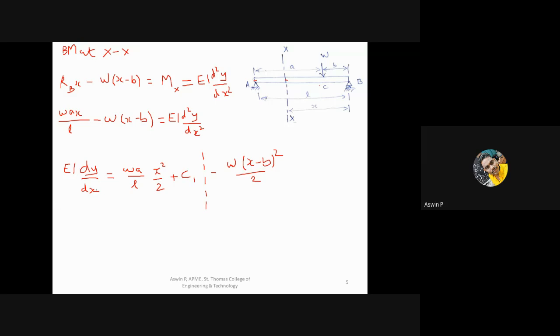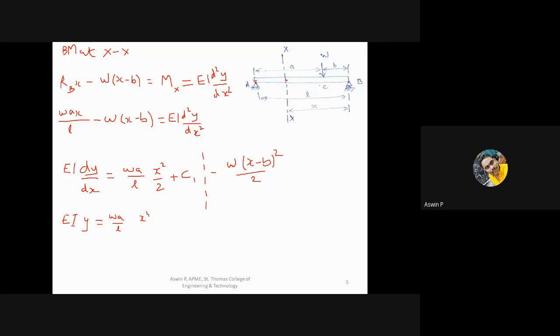And when you integrate this slope equation with respect to x again, you will get the deflection y, that is EI y. When integrating dy by dx, you will get y equal to WA by L, which will be constant, and x square will become x cube.